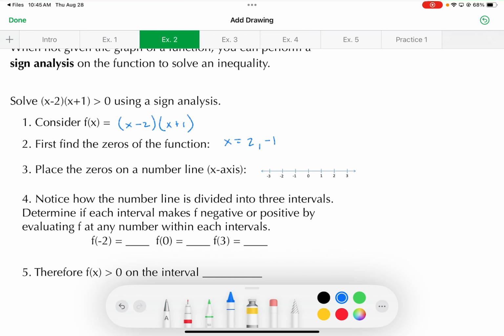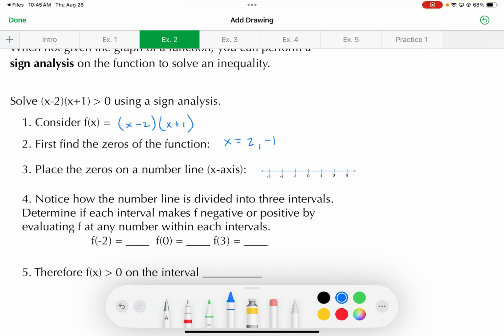Okay, now, when I plug either of those into the function, the reason we call these zeros is because they would simplify the function to 0, right? Would that make this inequality true? 0 greater than 0? No. So these zeros are not going to be part of my solution set, okay?